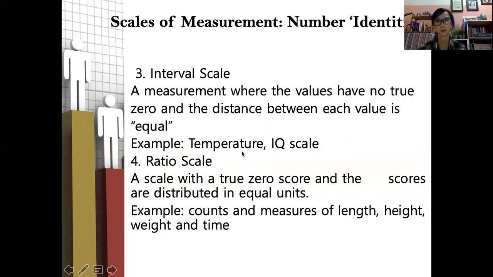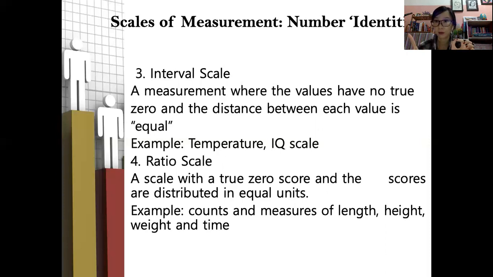But we have 0 degree, right? 0 derajat itu ada kan? But when you say 0 derajat, it doesn't mean that there is nothing, that it's totally nil, nothing, but it's just 0.